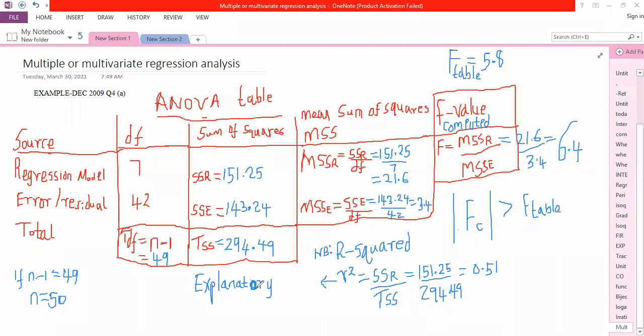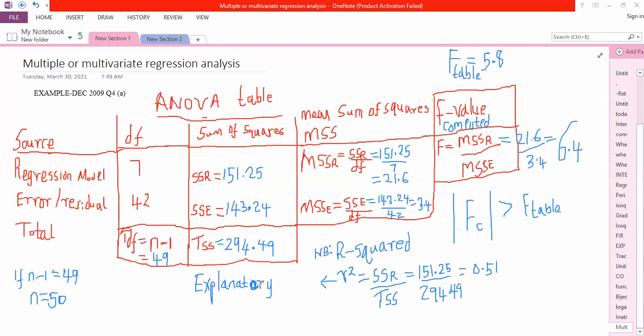All those are influencing the job satisfaction by only 51%, meaning 49% of the job satisfaction is determined by other factors which were not included in this study.